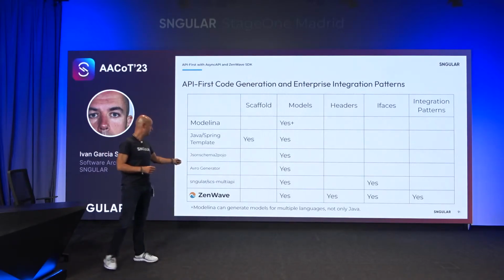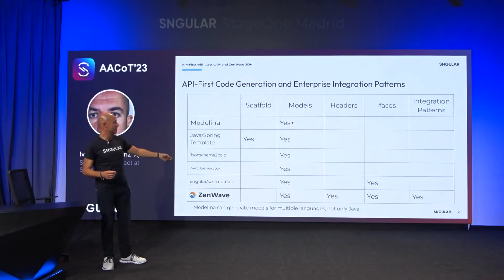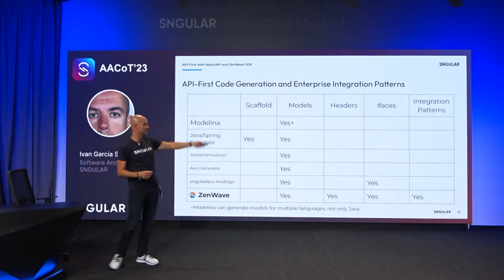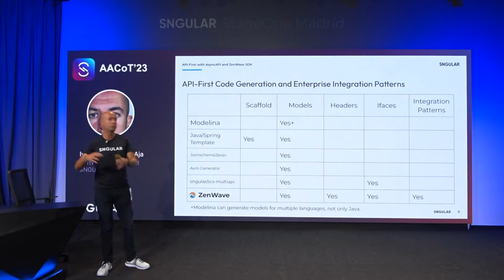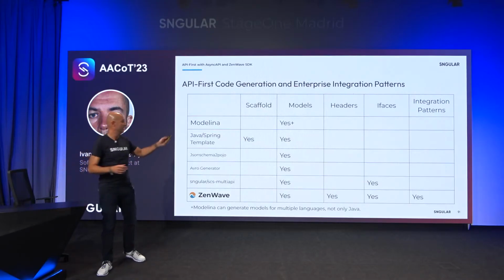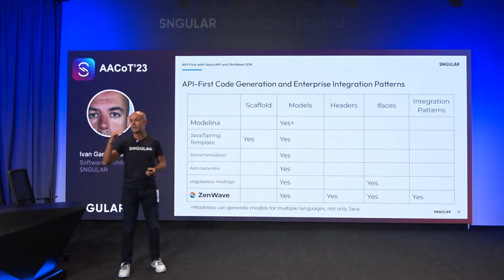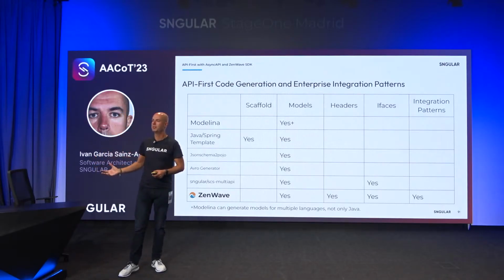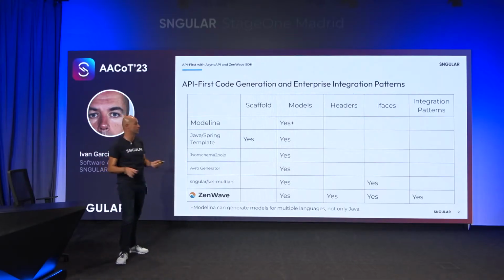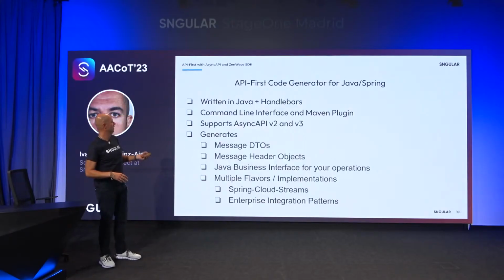But ZenWave can generate the models for you. It can generate a business interface with some implementation behind. It can generate also a headers object, so you get typed headers. Because we are generating an interface with some flavors for the implementation, we can create some integration patterns for you in that implementation, just with configuration.